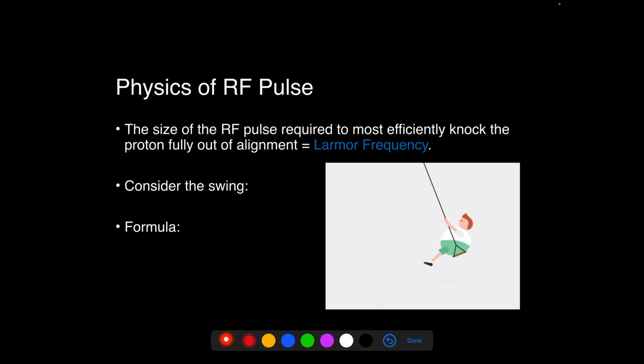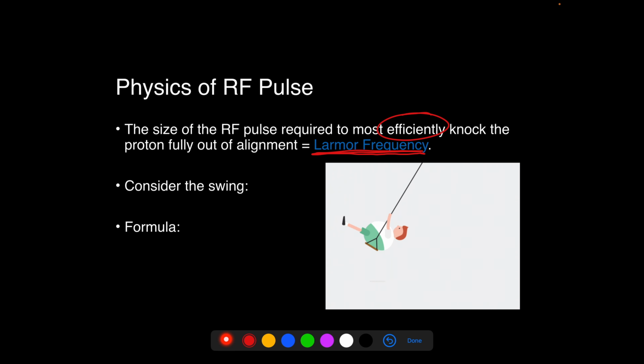To answer that, we need to talk about the Larmor frequency. So the proton only responds efficiently to a radio frequency pulse if we hit it at exactly the right frequency. This frequency is called the Larmor frequency.